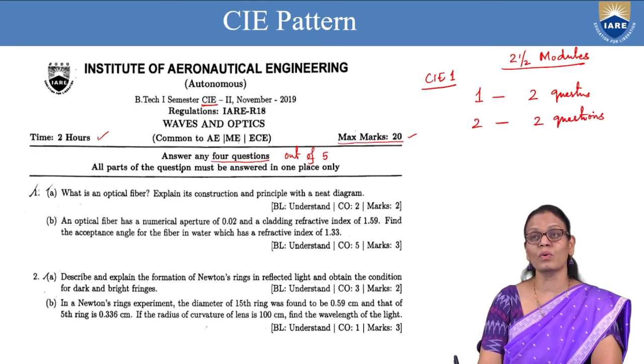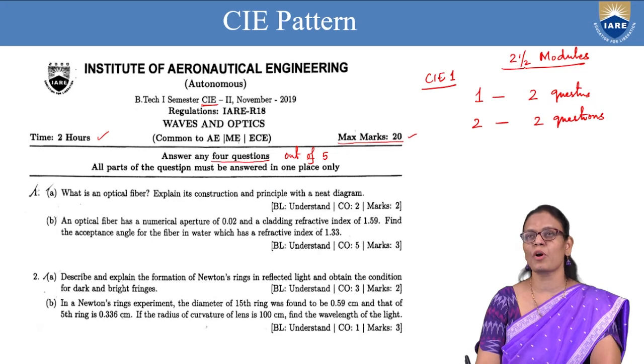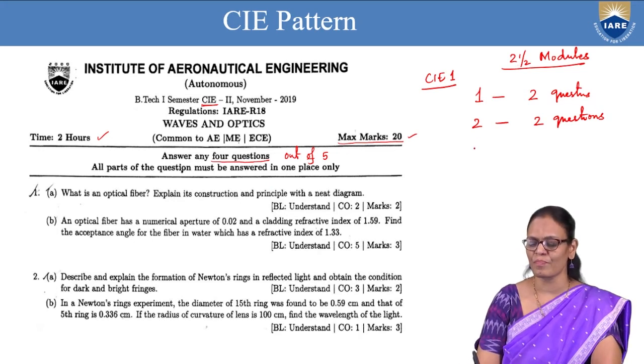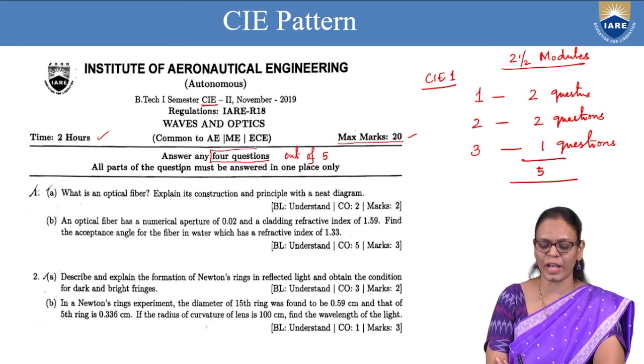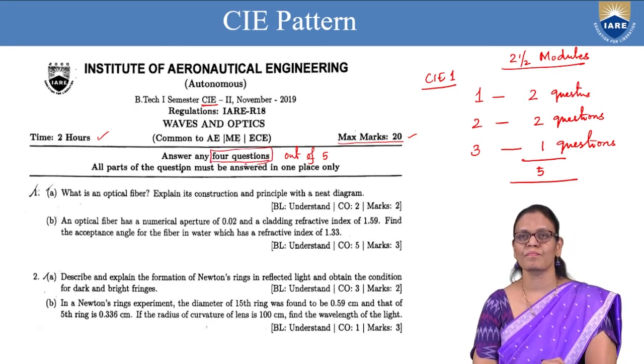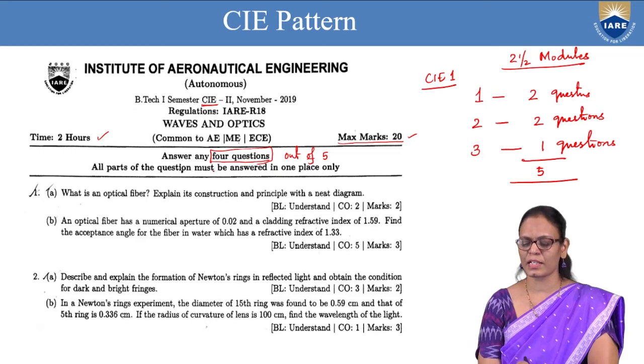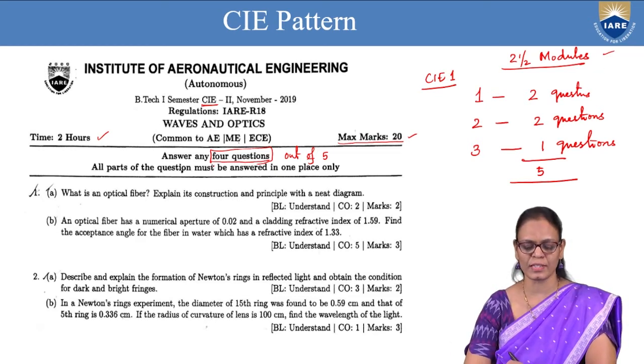And we are covering only half the module of the third one, so from the third module you will get 1 question. In total there will be 5 questions, out of which you have to answer any 4. Okay, so this is clear. If you are preparing for 2.5 modules, you can very easily answer the 4 questions.